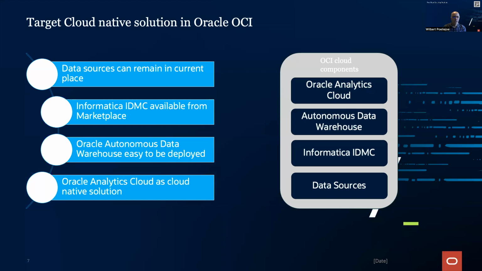And the Oracle Analytics Cloud is the cloud native analytical platform within Oracle. So those are the four components that we're going to use to migrate your on-premise Informatica, Oracle database and OBIEE environment into Oracle OCI.